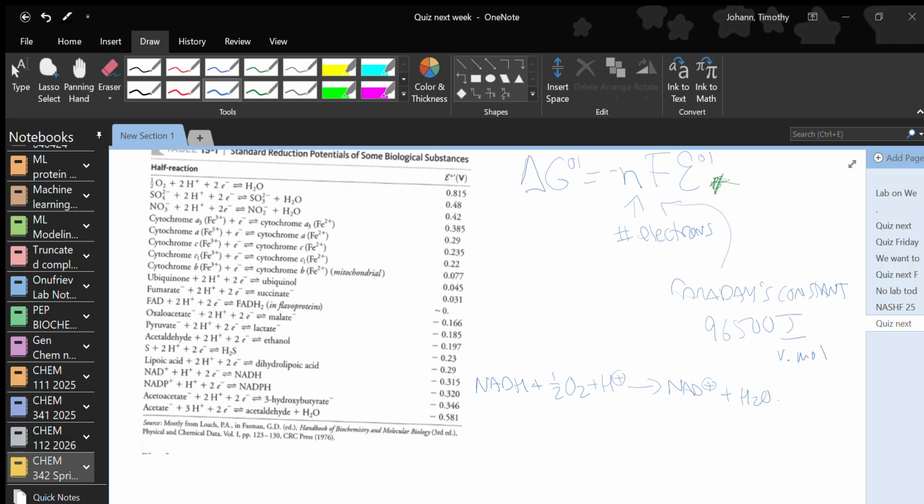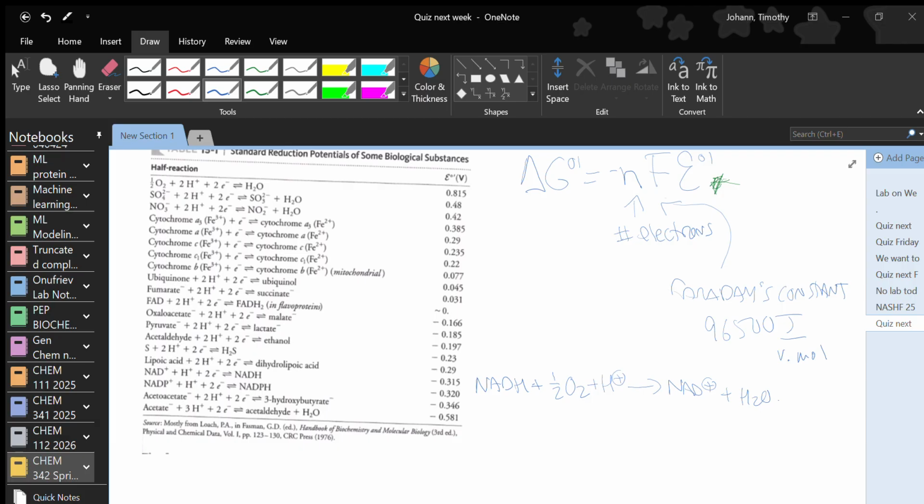We've got half reactions. What happens in electrochemistry when I flip one of these? What happens to my potential? I flip the sign, good.